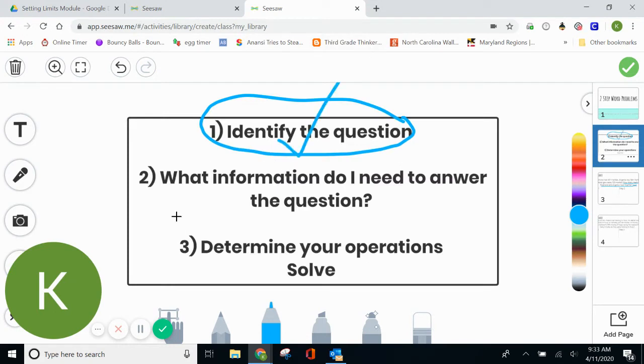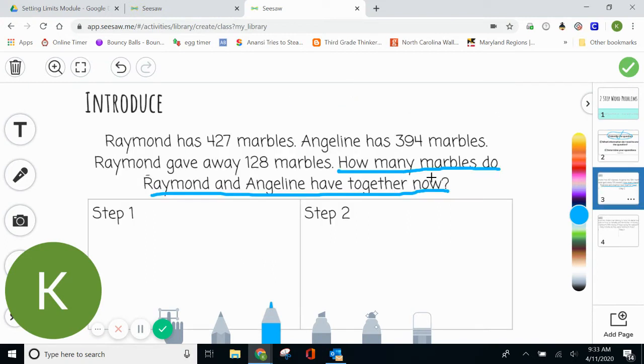Done. Now I need to know what information I need to answer this question. My question is asking about the number of marbles Raymond and Angeline have together. That means I need to go back and find information that's related to the marbles. Raymond has 427 marbles.